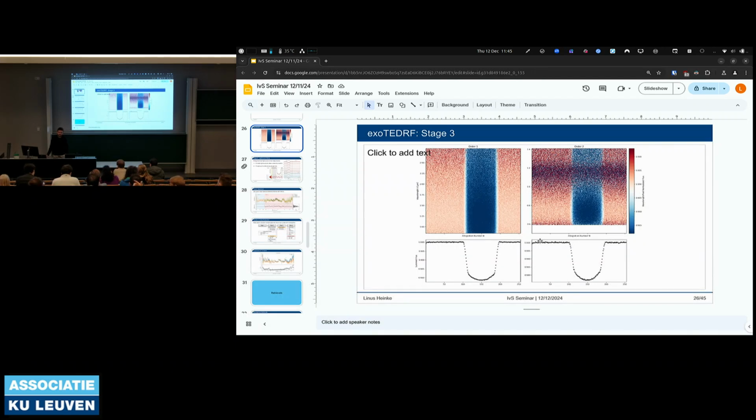Thanks. Maybe a pretty boring technical question, but just for my sanity and as a point of comparison: how long does it take to run, for example, nested sampling versus an MCMC walker for one of these retrievals? Is there one that's typically quicker than the other, and what time scales are we looking at?